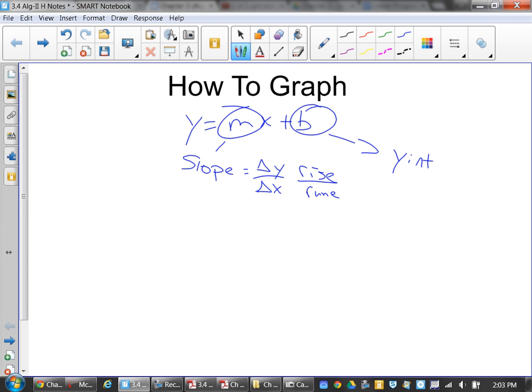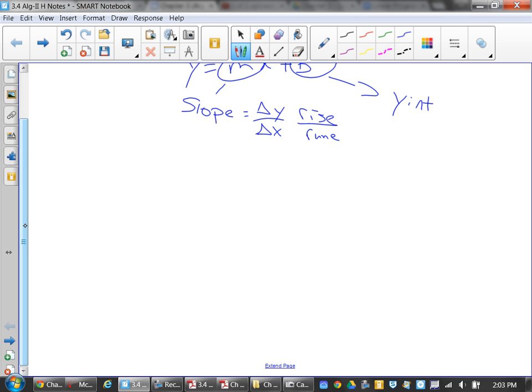That was one of the reasons why it was so nice to put things into slope-intercept form. Now, more often than not, you won't have a lot of stuff in slope-intercept form, but you will have what is called standard form, Ax + By = C. It's a form you probably didn't work a whole lot with in Algebra 1. Teachers would get you to go into slope-intercept form because it was an easier way to graph.